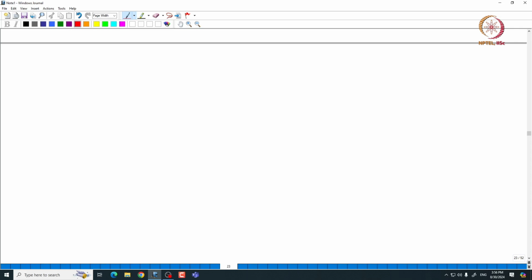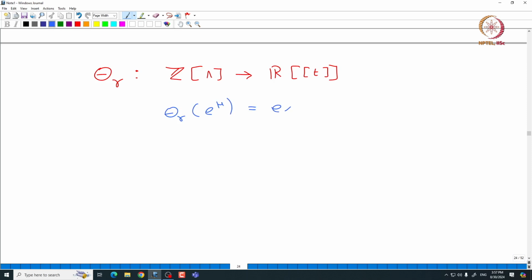So, let us do this very systematically. For that purpose, first we need to define these maps called theta of gamma. The theta of gamma is defined from our group ring to the formal power series over the reals. It is given by theta of gamma mapping e to the power mu to the exponential of mu comma gamma times t. So, basically you take the exponential of mu comma gamma times t.